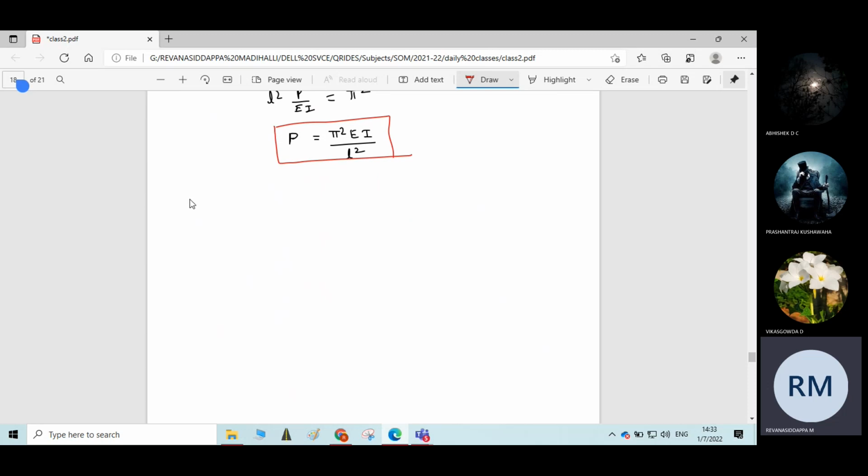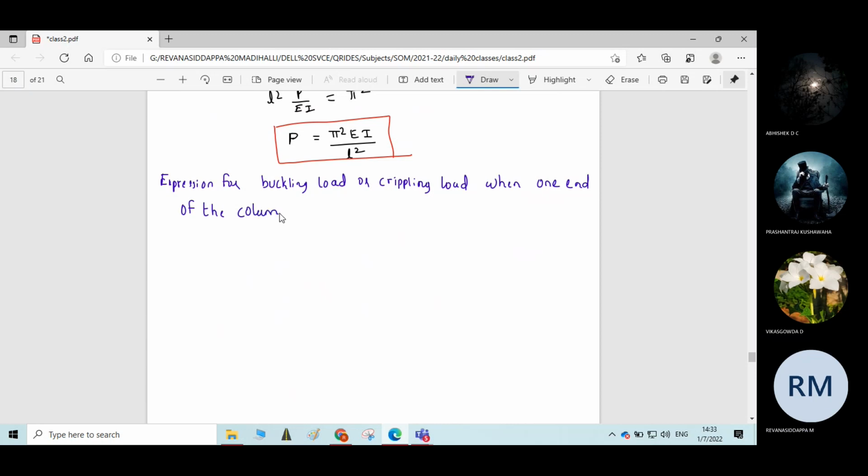Now, second derivation: expression for buckling load or crippling load when one end of the column is fixed and the other end is free.